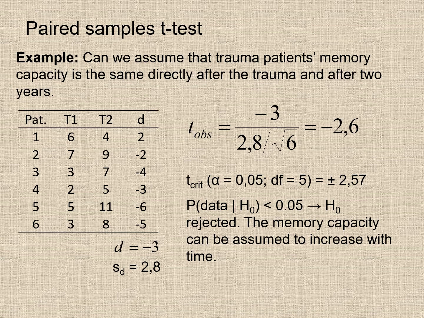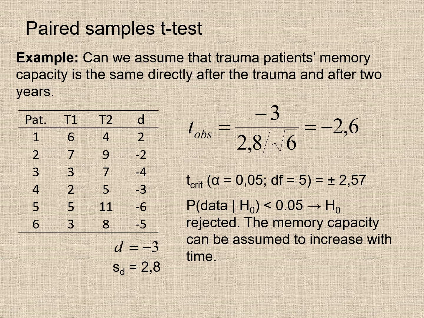So we see patient 1 has a difference of 2, so this person has a better working memory capacity at T1 compared with T2. Patient 2 has a difference of -2, and so on. So all but patient 1 have increased their working memory capacity after 2 years compared with directly after the trauma, but to different degrees.